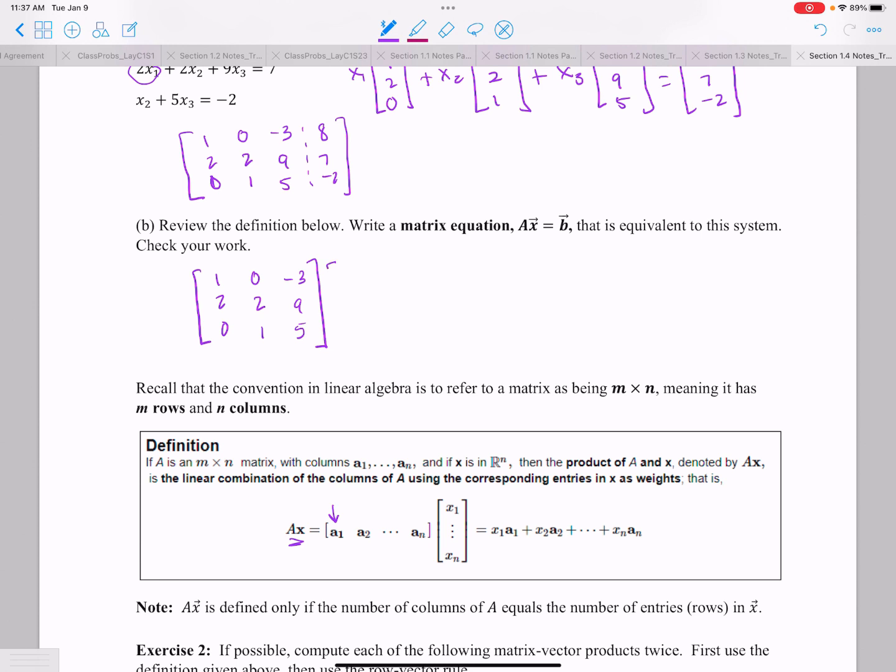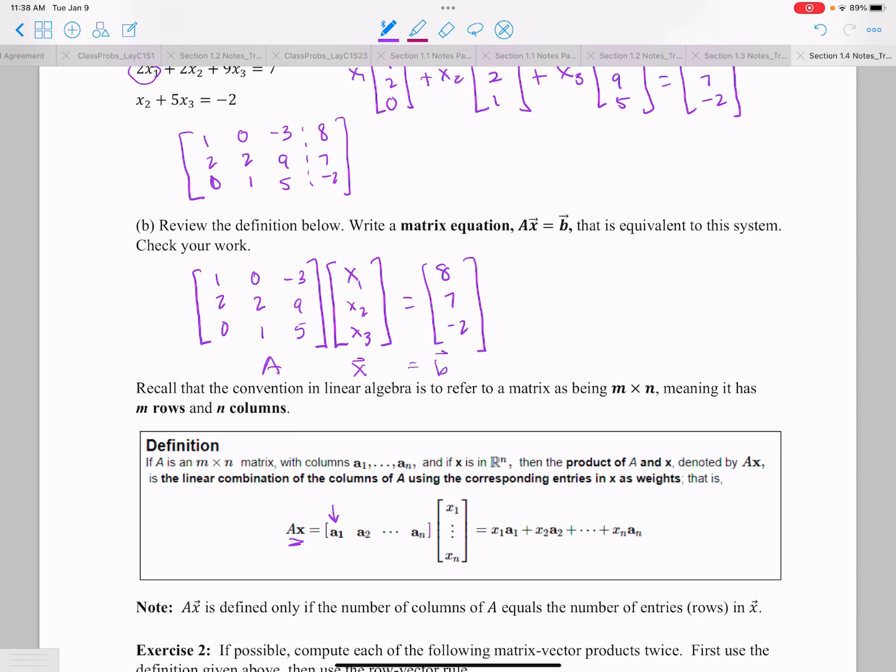And then you're multiplying by the vector with your x1, x2, x3 equals the right-hand side, which is 8, 7, -2. So that is my A, my x vector, and my B vector.